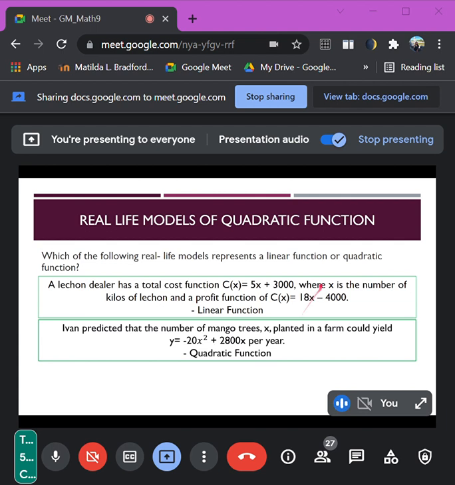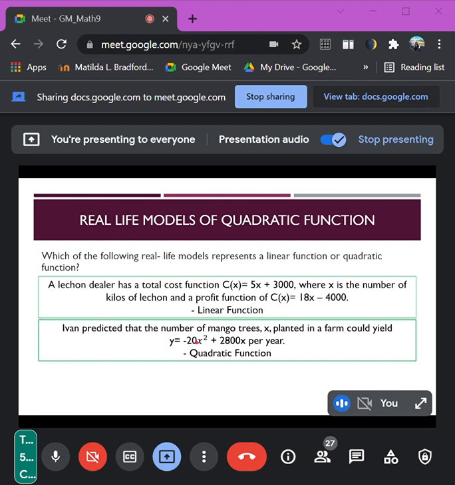So this is a quadratic function because as you can see here, the highest degree is 2. And the x here is the number of mango trees. So if you are going to substitute any number for x, you will see the result.